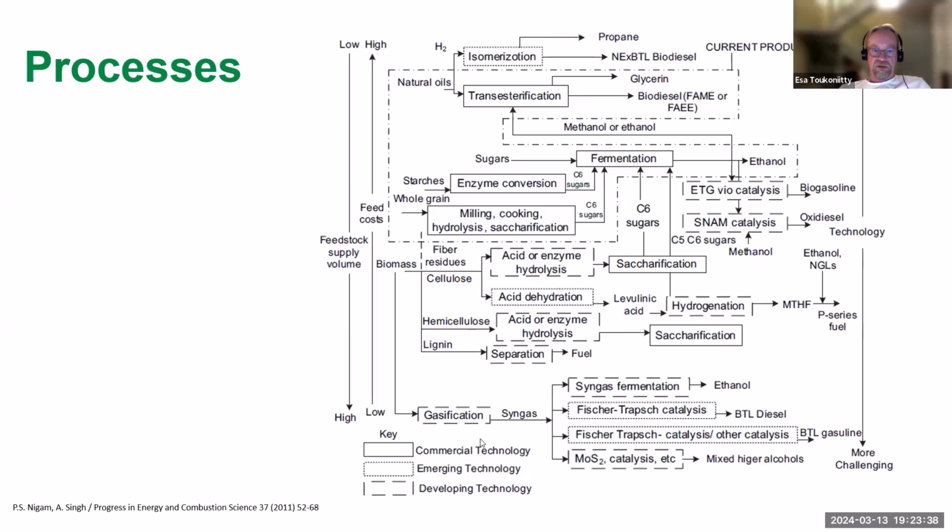And also if you notice, this solid box around refers to commercial level technology, dotted lines to emerging, and these looser lines, or however to describe it, developing technology. So one could say that here the isomerization is emerging, transesterification commercial, fermentation already commercial.